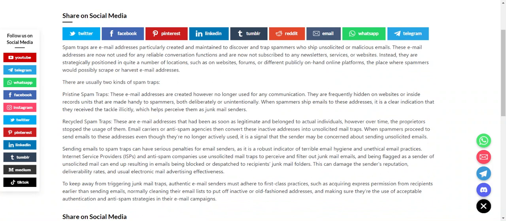So, what should you do to avoid spam traps? I know that is the biggest question. The first thing you should do is always ensure that you clean your email list. Every time you get an email list from wherever, always ensure that you have verified it. Over time, a list gets old.